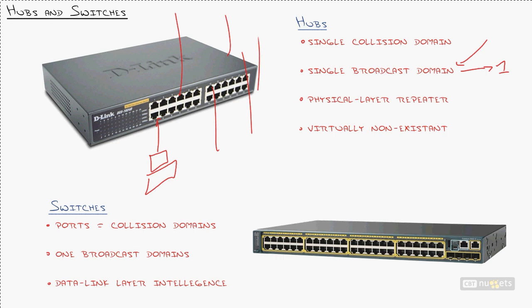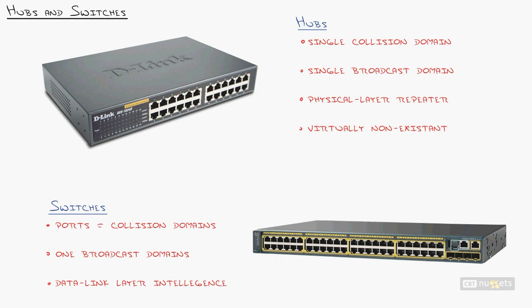And by the way, before we move on to the switch, this is really where the term CSMA/CD comes in: Carrier Sense Multiple Access with Collision Detection. That's the rules of Ethernet, the rules of engagement. I mentioned this in a previous nugget. When a computer is connected to a hub, it's always listening.